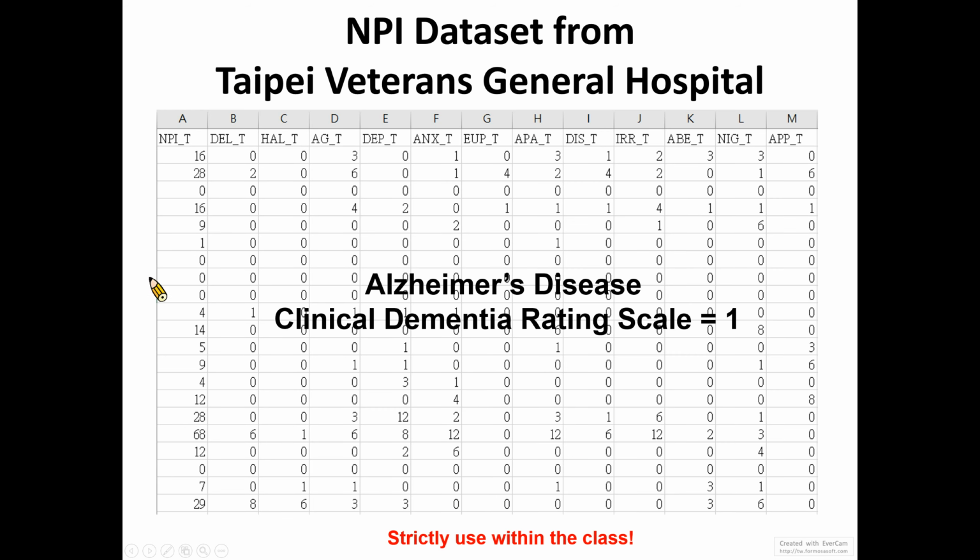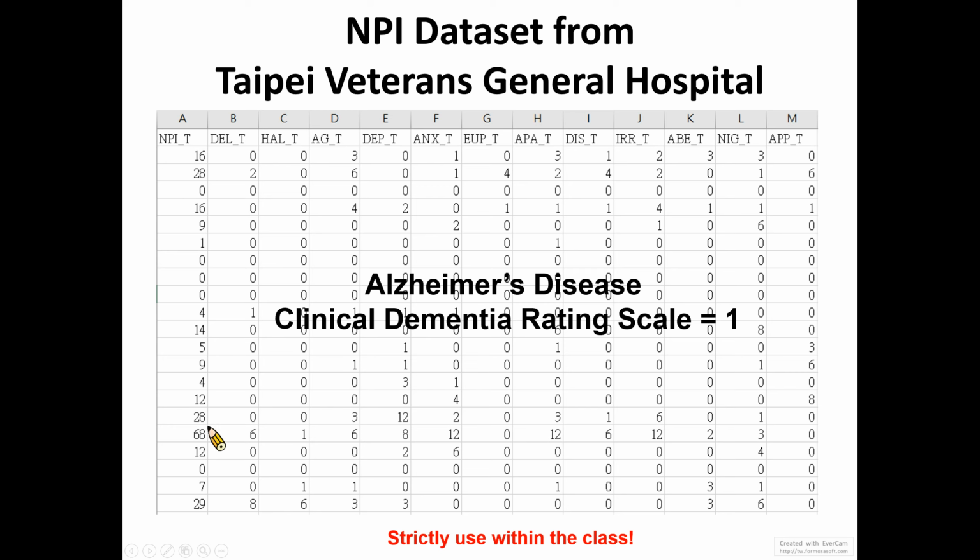And in the first column is the total scores of the Neuropsychiatric Inventory. So I give you this, even with only 30 cases, you can immediately see that even when the patients have the same CDR rating, meaning that they are all mild dementias in terms of the cognitive dysfunctions, they have great variations in the neuropsychiatric profiles, and some have very severe symptoms.